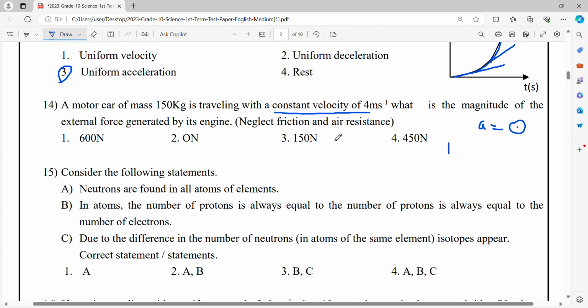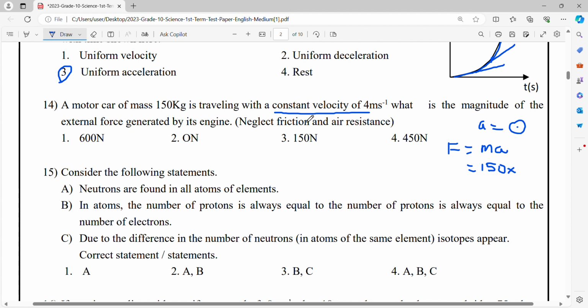Then to find the force, force is equal to mass into acceleration, F = ma. Mass is 150 kg. And acceleration is 0 because of constant velocity, not increasing.